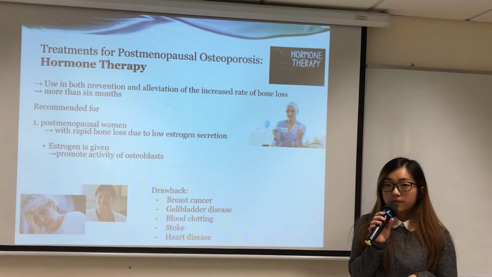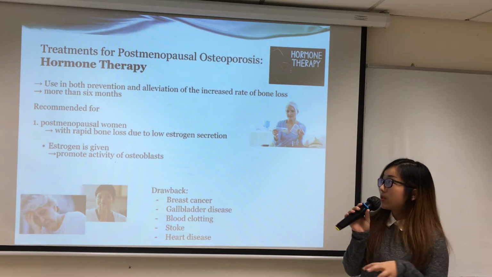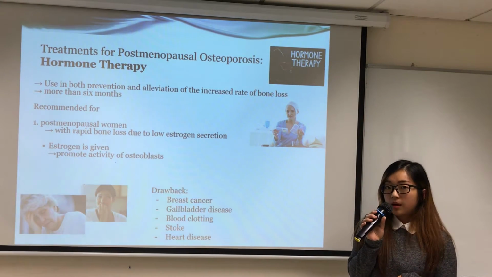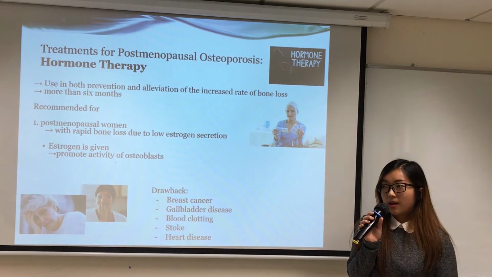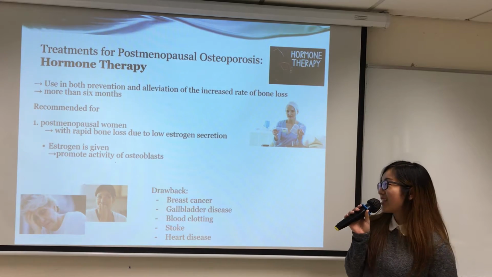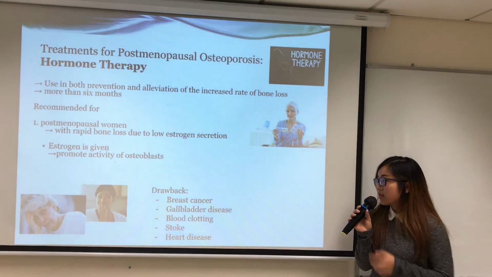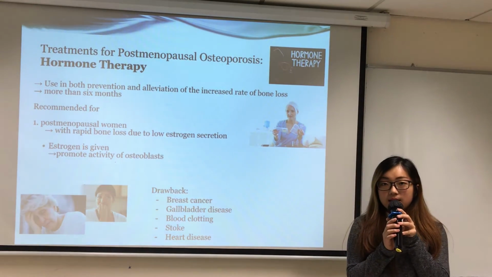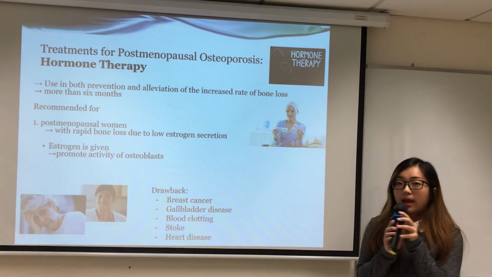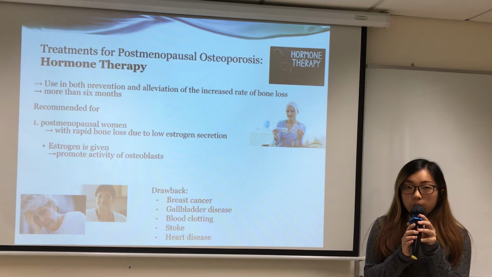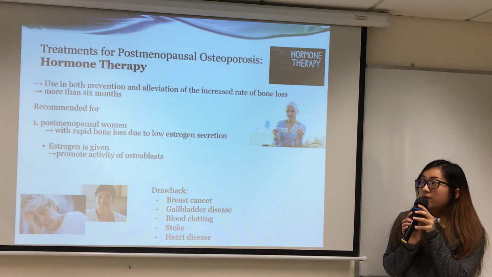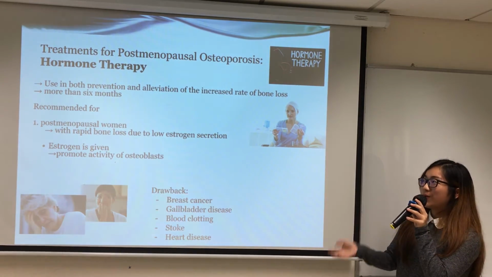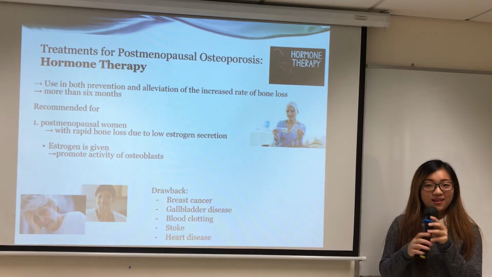If the treatment time is longer, there will be greater side effects, like serious diseases such as breast cancer, gallbladder disease, heart disease, stroke, and blood clotting. So there are some other preventions before we get the disease.